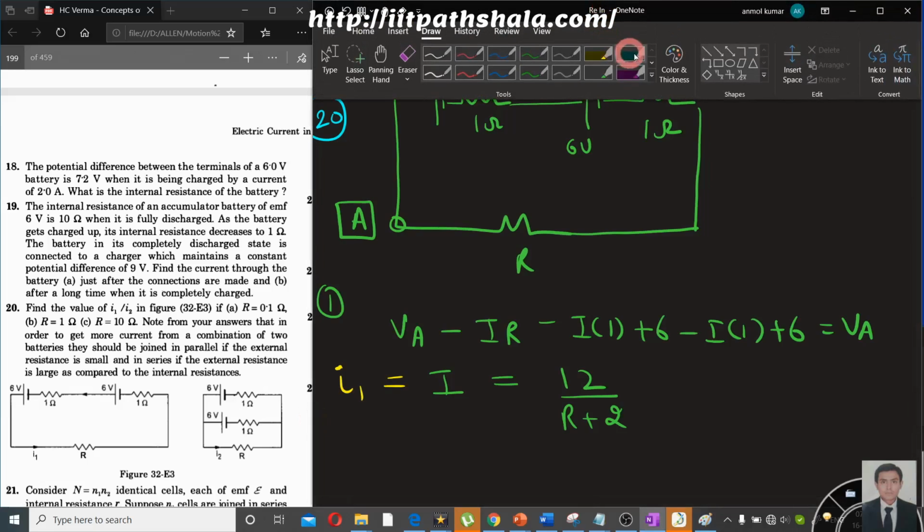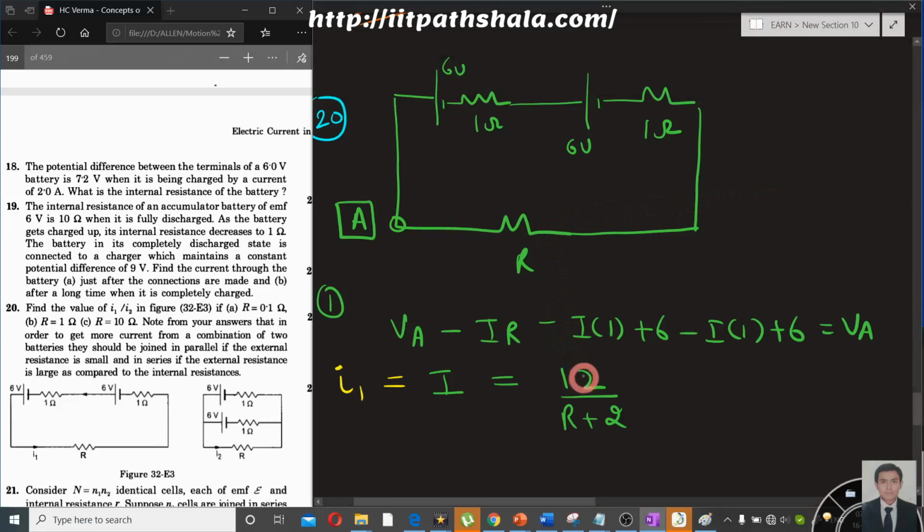Okay, so now what I am doing over here is, firstly, to confirm this statement, I will be finding out the current in both of the circuits. So I have taken circuit number 1 and I have applied KVL over here. Starting from A itself, let us say my current is going in this direction.